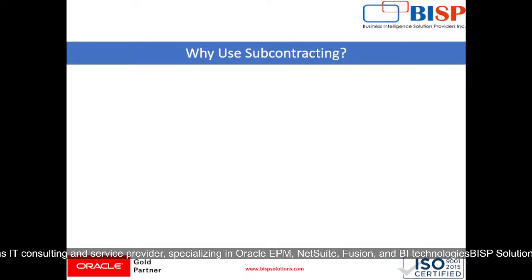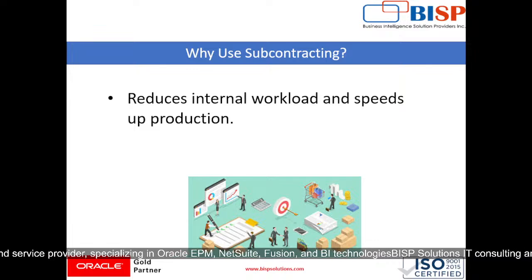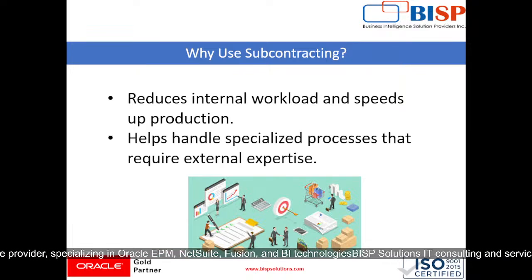Next, why use subcontracting? Because it reduces internal workload and speeds up production, and it also helps handle specialized processes that require external expertise. So for example, a mobile phone manufacturer may subcontract the testing phase to an external vendor specializing in quality assurance.